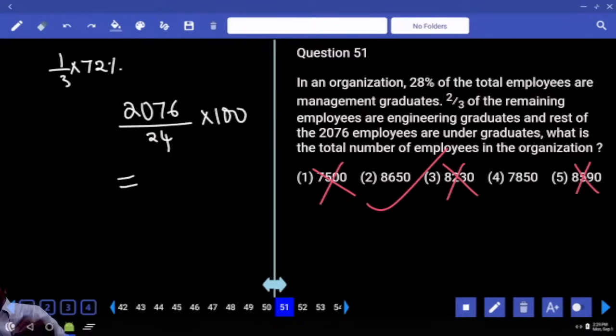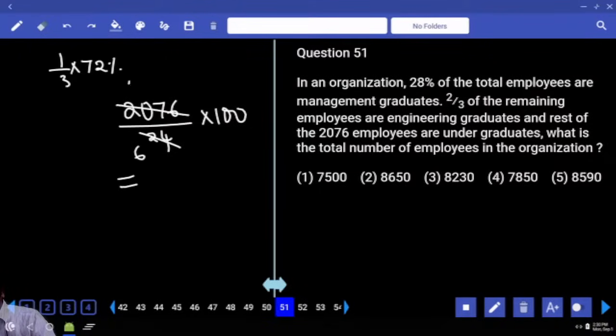Let me first cancel it with 4. 6 times 4, 5 times 1 time, 9 times, 2 cancelled here. 3 times 50 times.